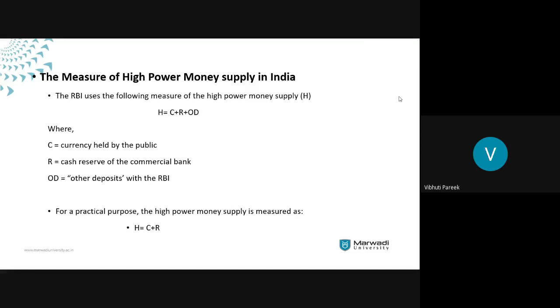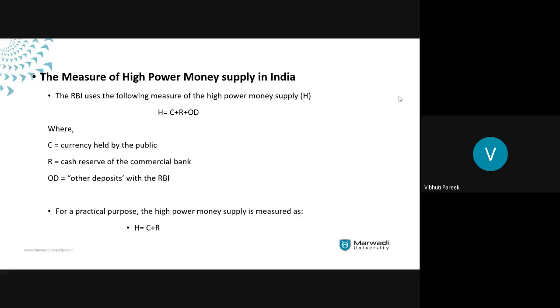Now, the problem with this measure, if you look at its practicality, is that other deposits hold less than 1% of the total of high power money supply with the public.